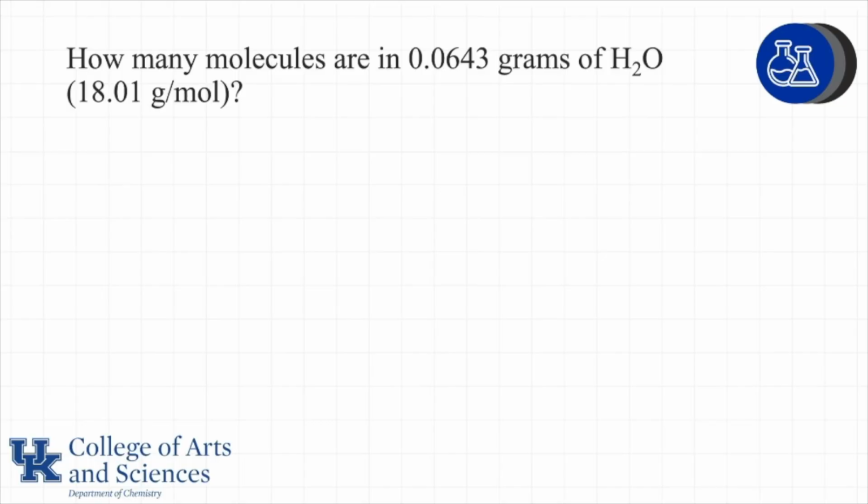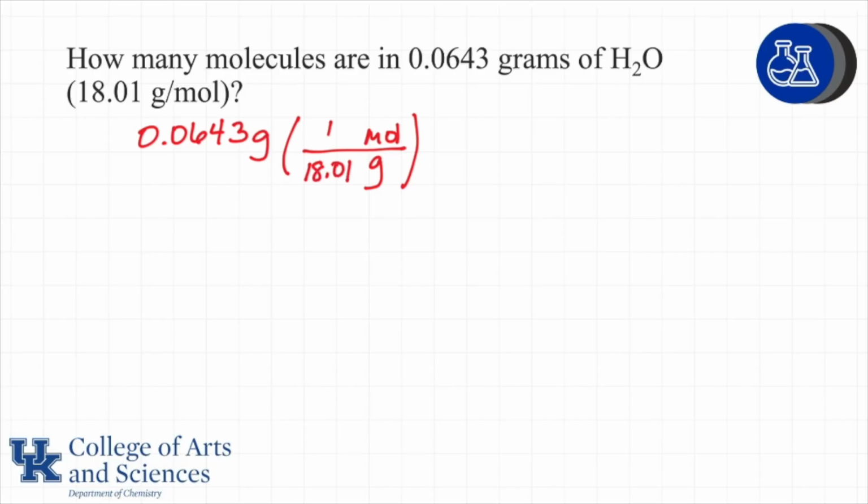How many molecules are in 0.0643 grams of water? We're going to start with the 0.0643 grams of water. Next, we're going to put grams on the bottom and moles on top using our molar mass. That's the only relationship we know with grams. We can put the values in there. At this point, grams will cancel out and we have moles.